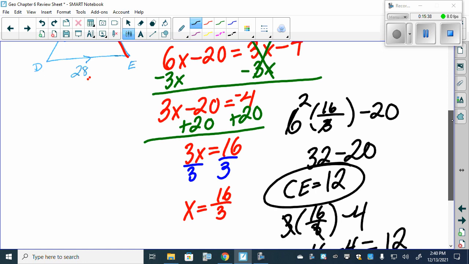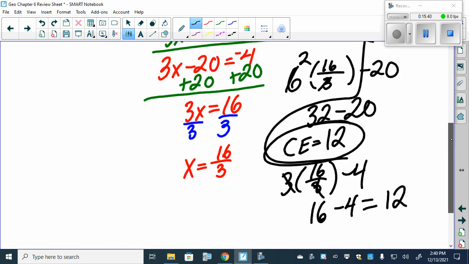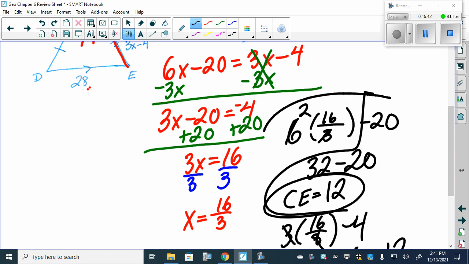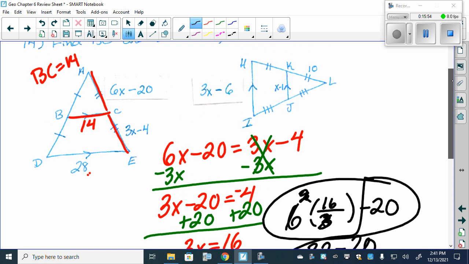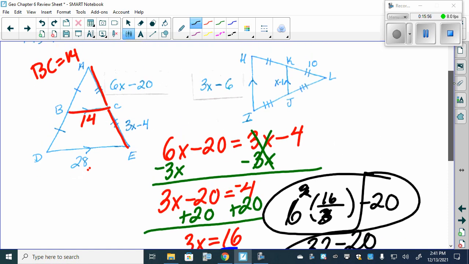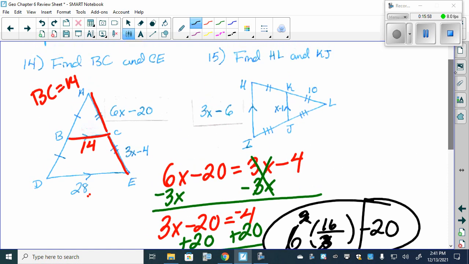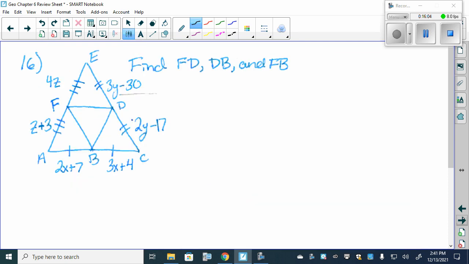At this point, when we plug it back in for the 6 times 16/3 minus 20, you could type that into the calculator and it would give you the answer. Any other questions on 14 or 15? Questions on 16?